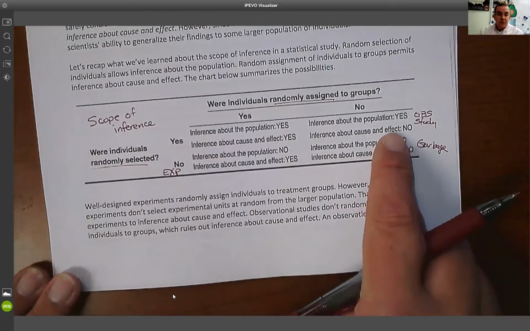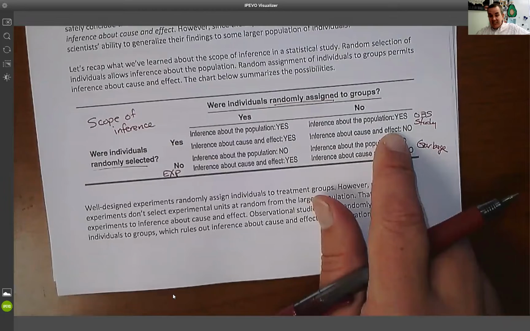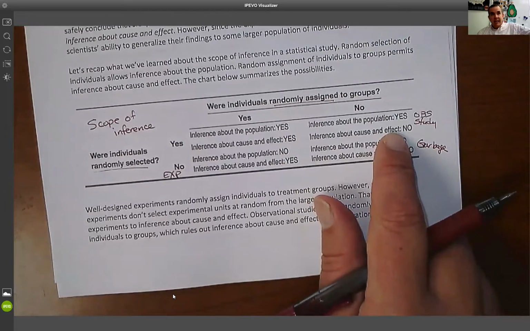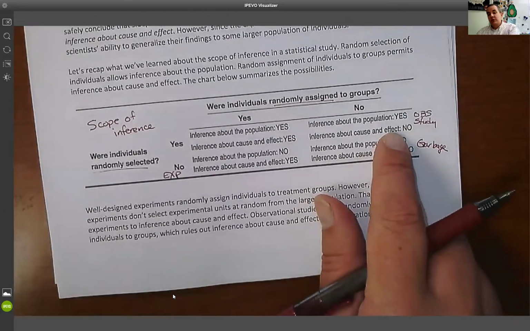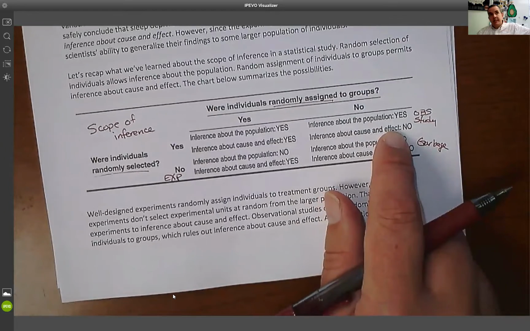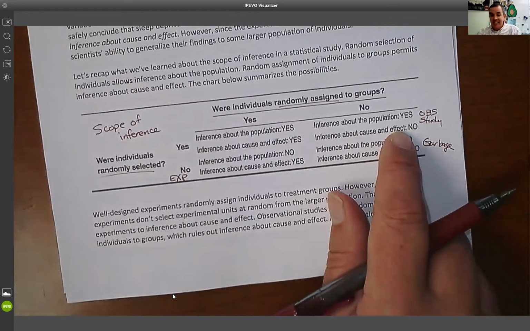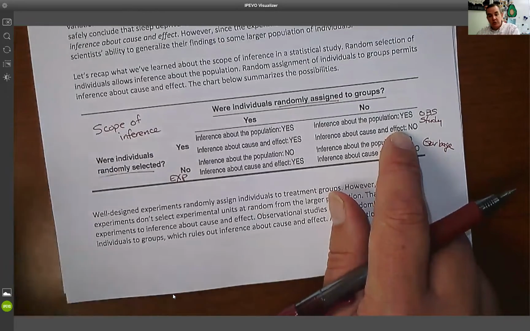So observational study is where we can make inferences about the population. Hey, the people I selected this from had these results. Therefore, I can draw a conclusion that people from this population I selected from tend to show these sort of results. That's an inference about population. It's not saying that whatever I saw was cause effect.